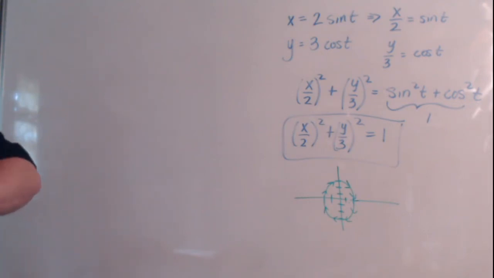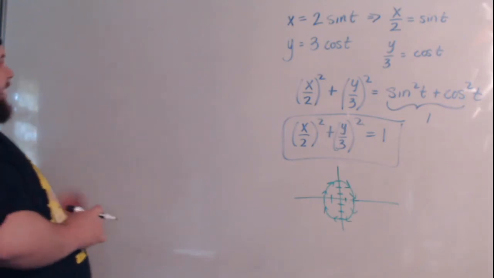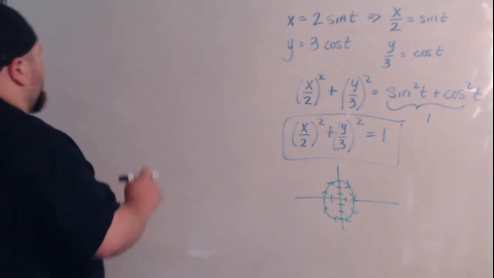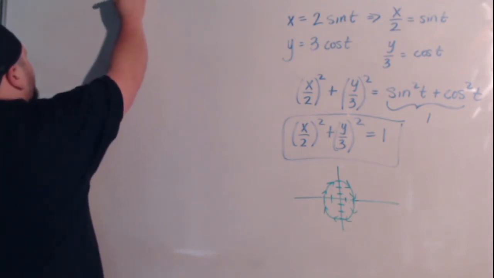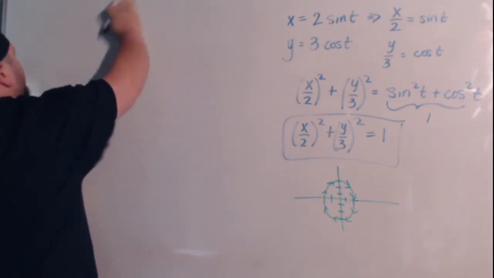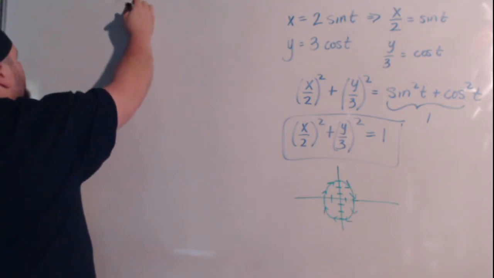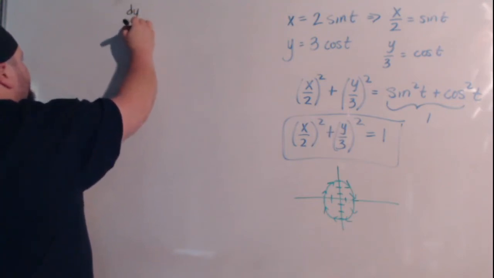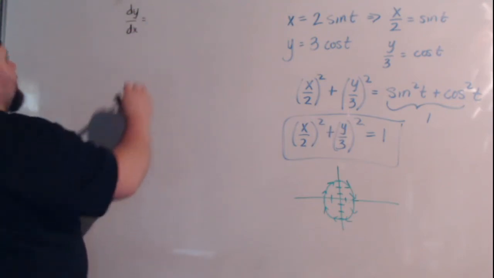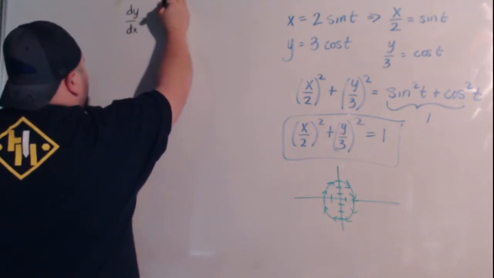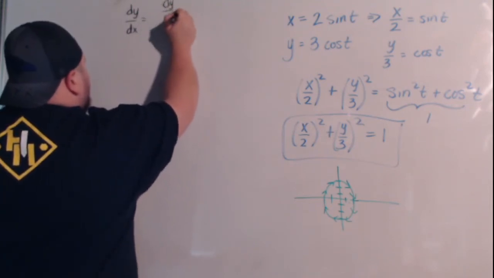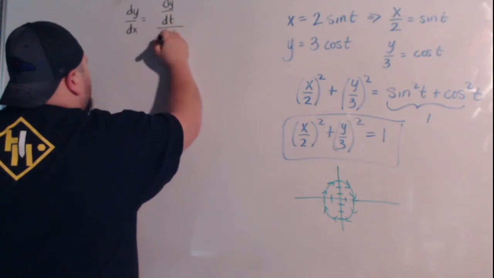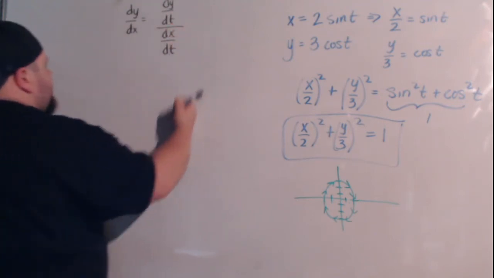So the next topic is obviously how do we use this in calculus, right? So we've got the derivative of y with respect to x is going to be the derivative of y with respect to t over the derivative of x with respect to t.